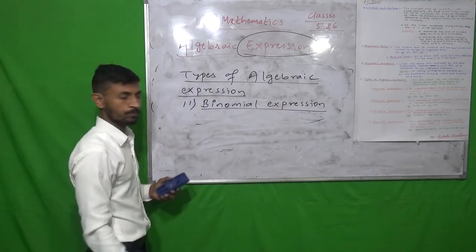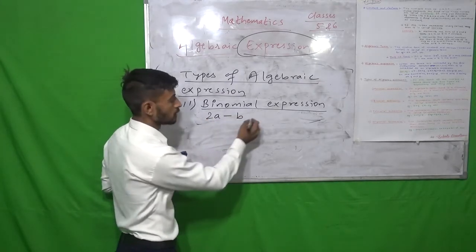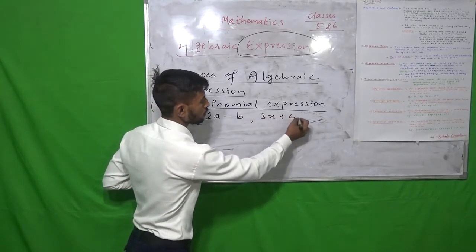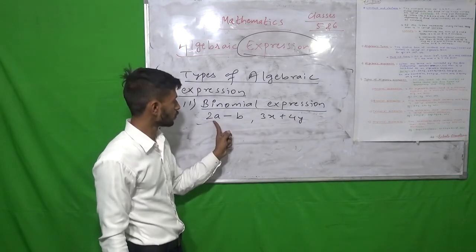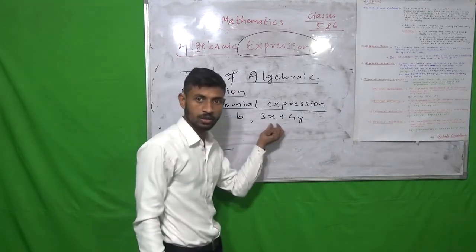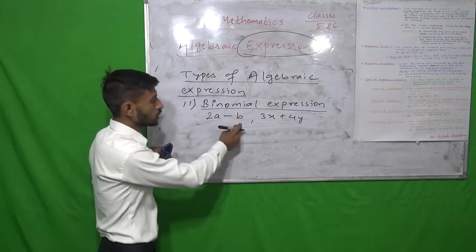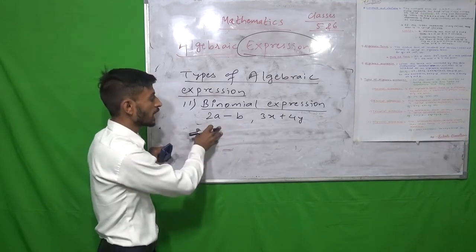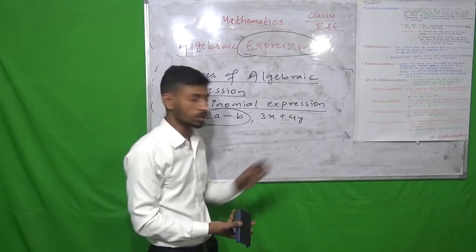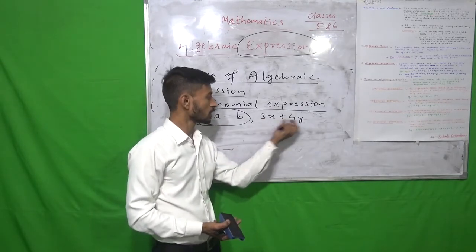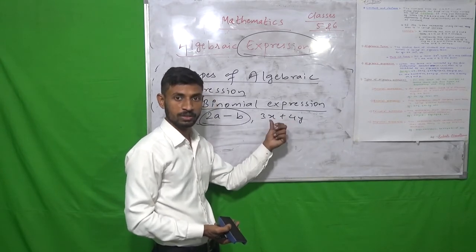binomial expression. 2a minus b, 3x plus 4y. Count them. How many terms are here? 1, 2. Here also 1, 2. So the expression has two terms, and we can count them with the help of the signs, before minus and after minus, before plus and after plus.